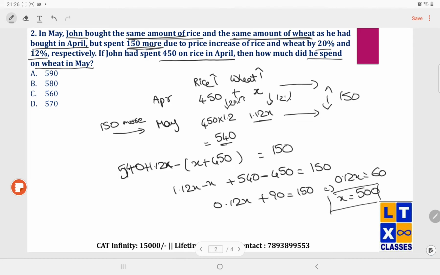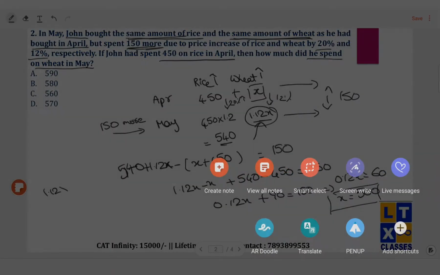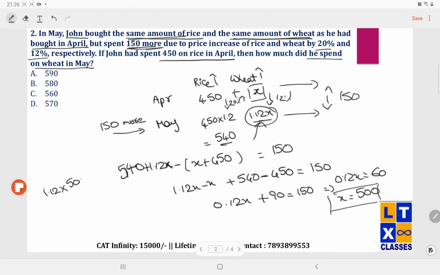They did not ask you for the price of wheat in April, but rather the price of wheat in May, which is nothing but 1.12 times 500, which is 560. The answer is C. I hope that is clear in terms of how we arrived at the answer of 560.